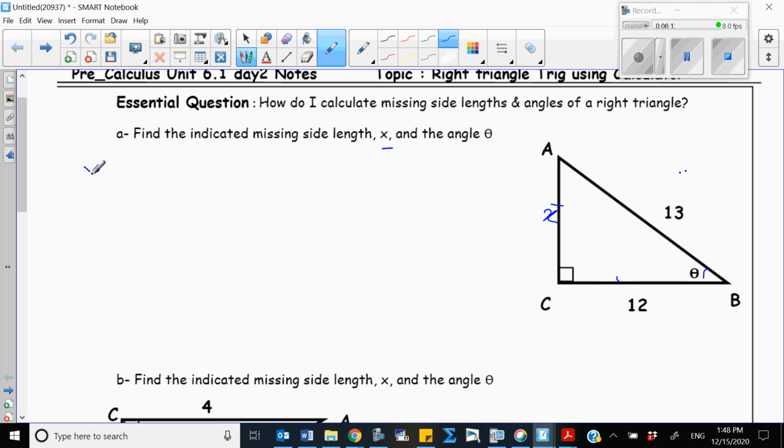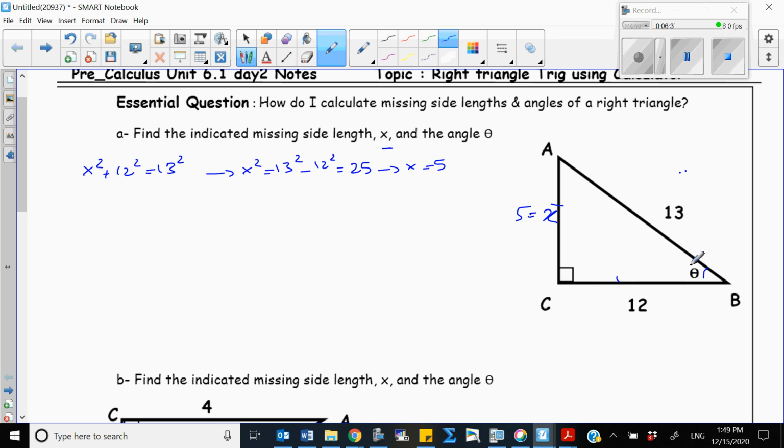So I say x squared plus 12 squared is equal to 13 squared. Then x squared will be 13 squared minus 12 squared, and use your calculator, you'll see it's equal to 25, and x will be equal to 5. So we found this using the Pythagorean theorem.